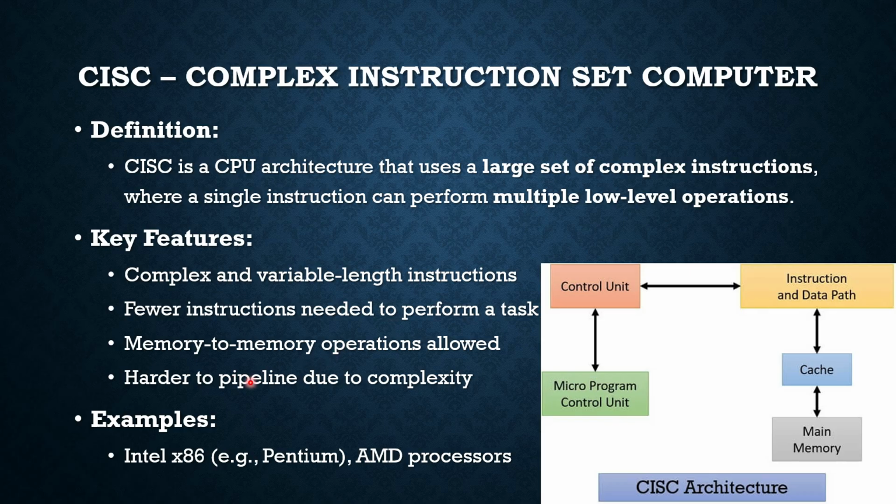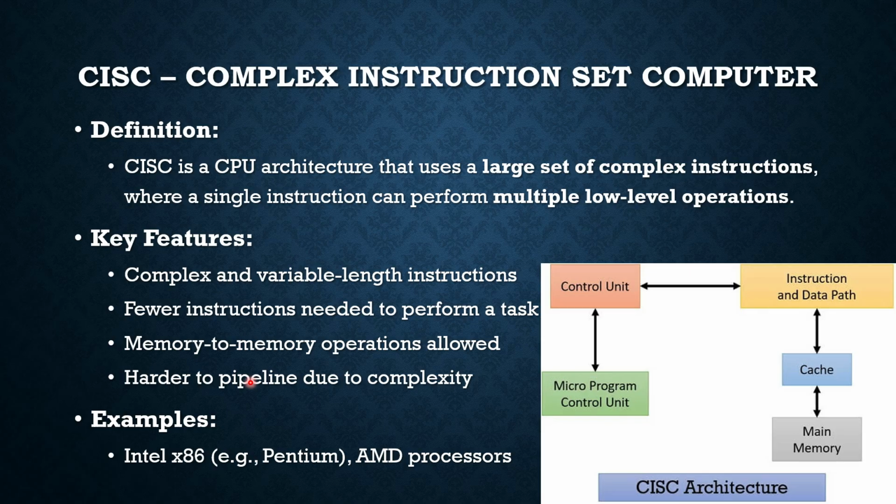Since the instruction sets are complex, pipelining is not that easy. So it is harder to pipeline due to complexity. Examples of CISC processors are the Intel x86 processor family, for example Pentium, and then AMD processors.